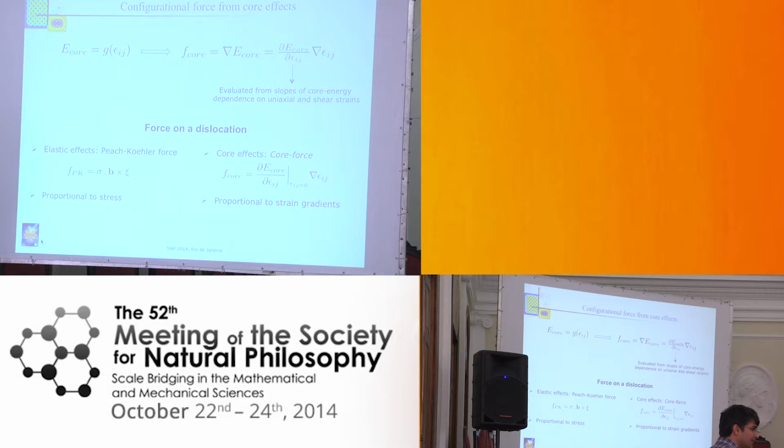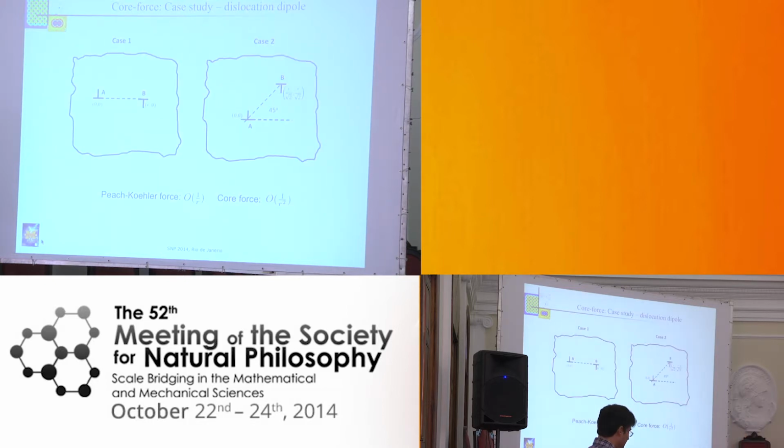It's a sum over i's and j's. So this is where the gradient is coming from, and there's a sum over ij. It's a space gradient. I'll probably come back to this later.